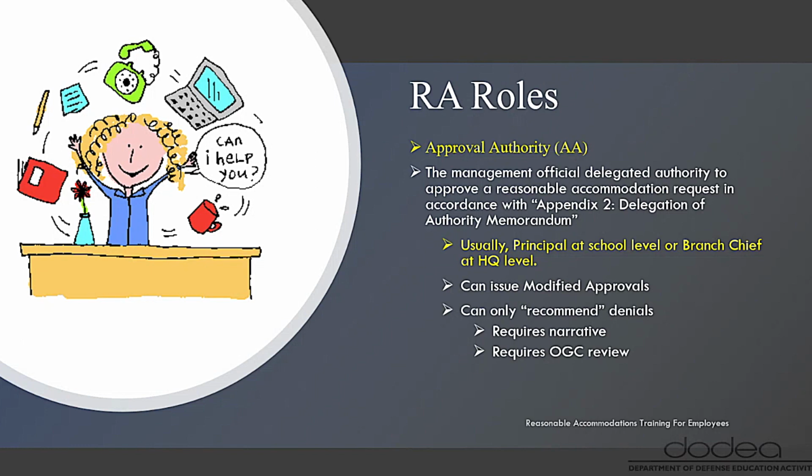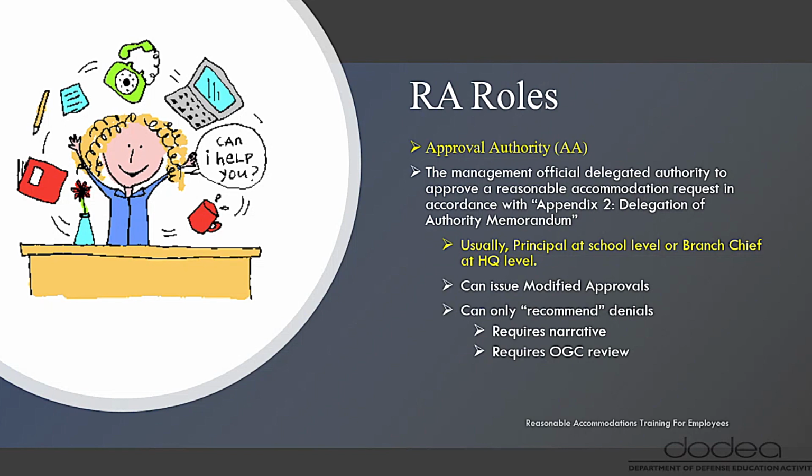So if that's the case, if it's in the case of a school, it would go to the district superintendent. If it's in the case of HQ, it would go to your division chief. And that's the only position that has the authority to issue a straight denial.